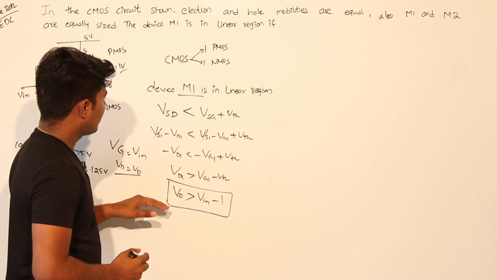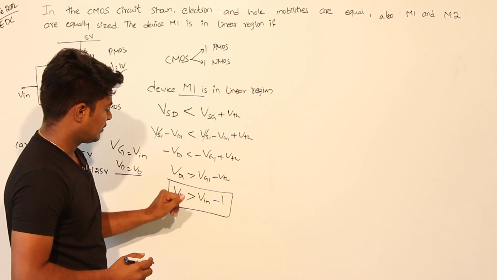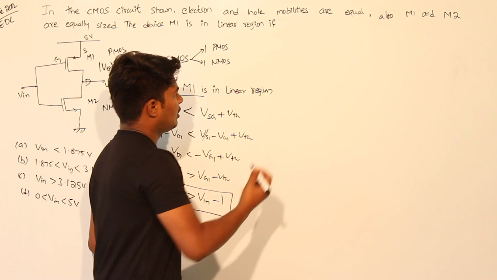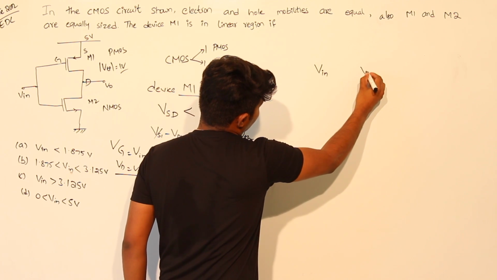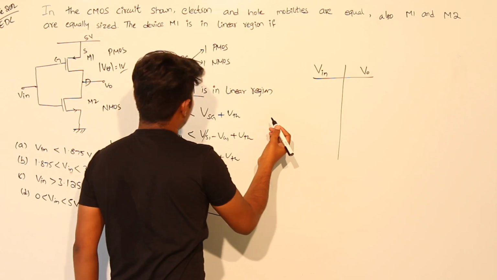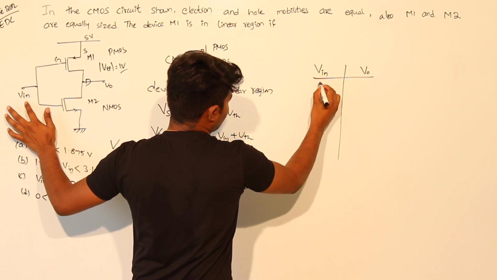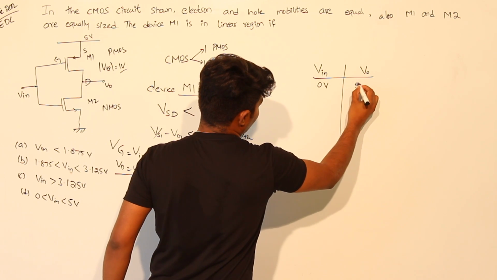Now we have got the condition for M1 to be in linear region, that is V0 greater than V in minus 1. Now we will look at the table of V in and V out. V in is the input voltage, V out is the output voltage. If V in is 0 volts, definitely V not is directly VCC, that is 5 volts.